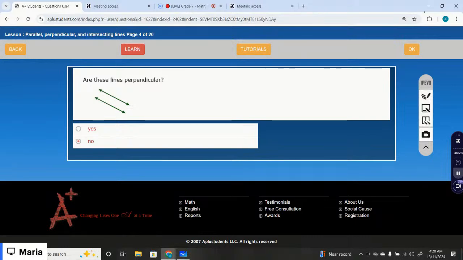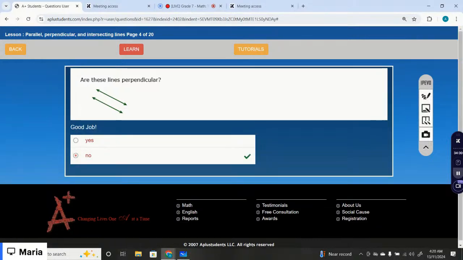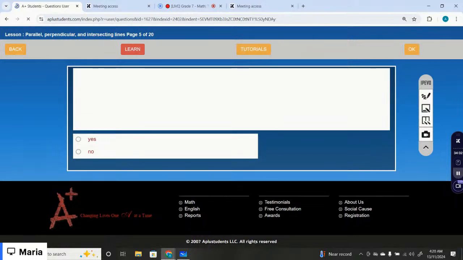No. Are these lines intersecting? Yes, they are intersecting. The correct option is yes.